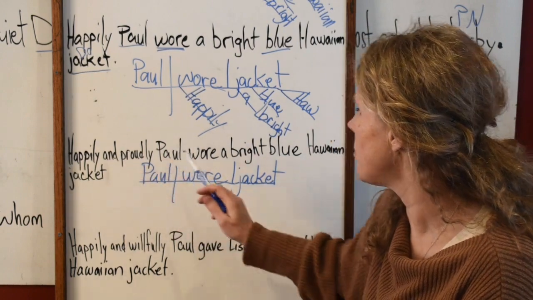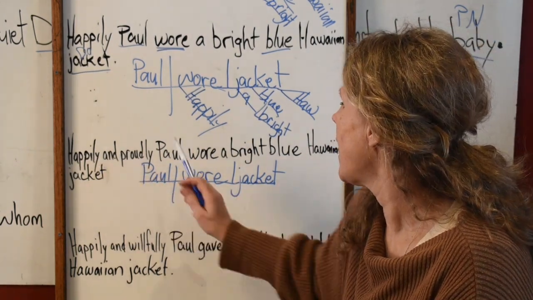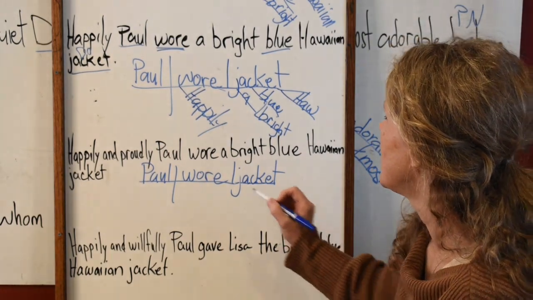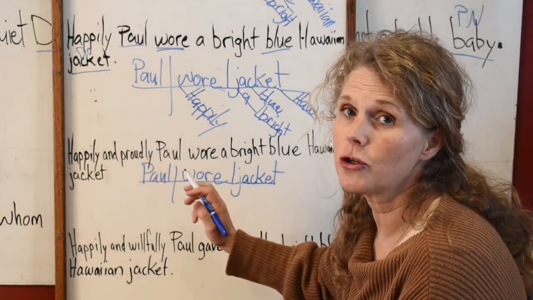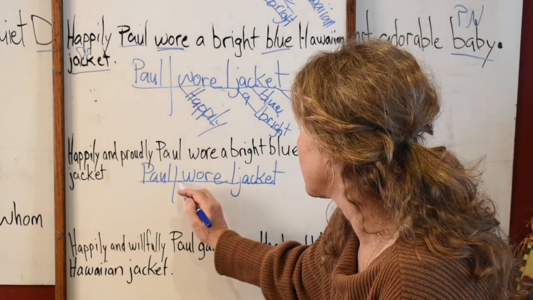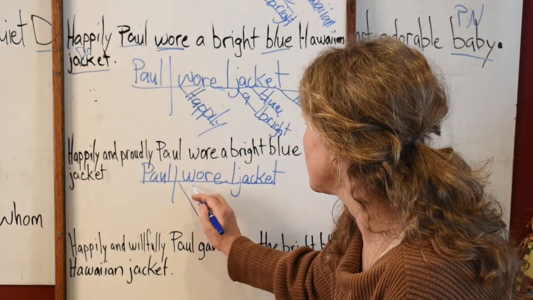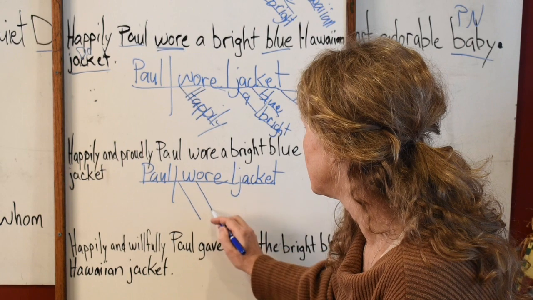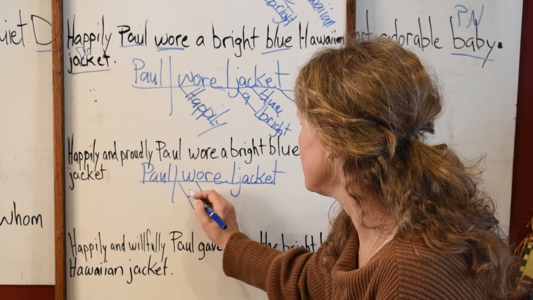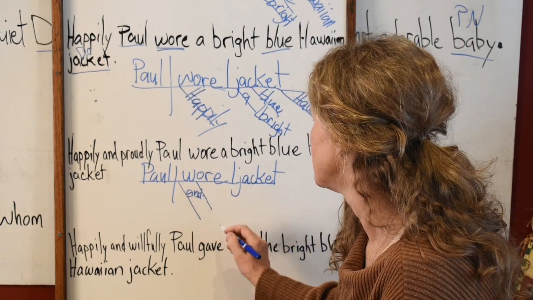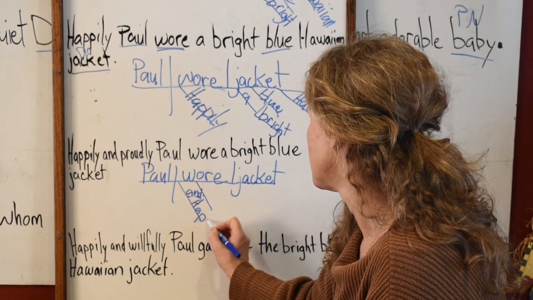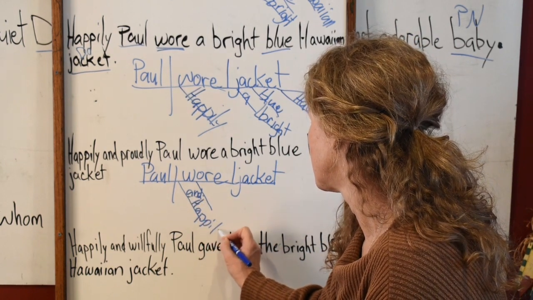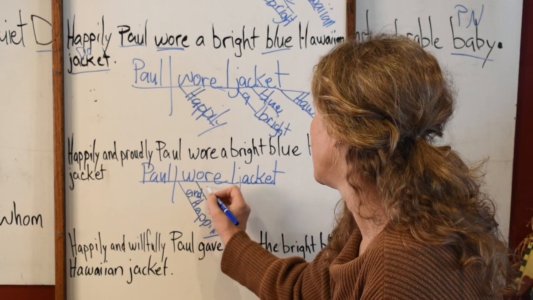Happily Paul? Proudly Paul? No. So when you have two adverbs right here, we're going to attach them. And here you put and, and then we're going to put happily and then proudly.